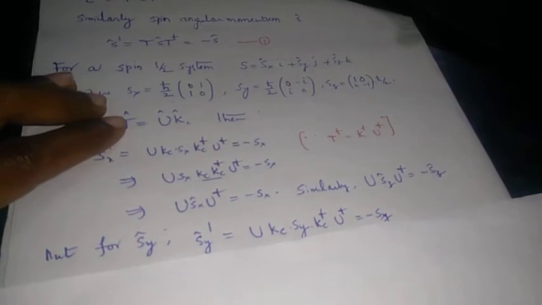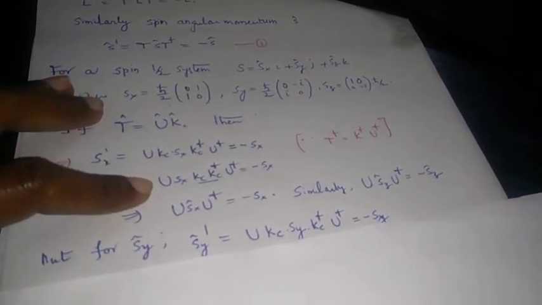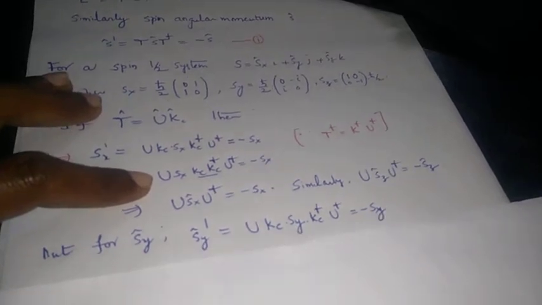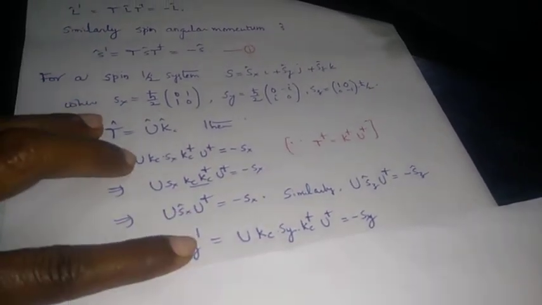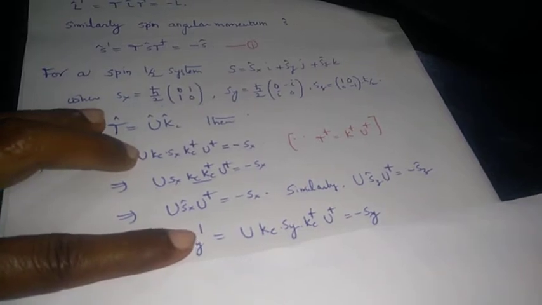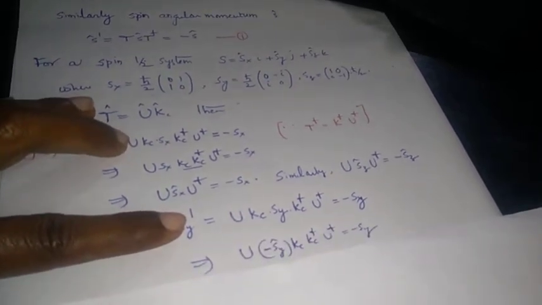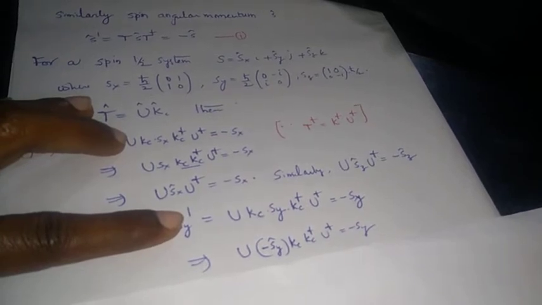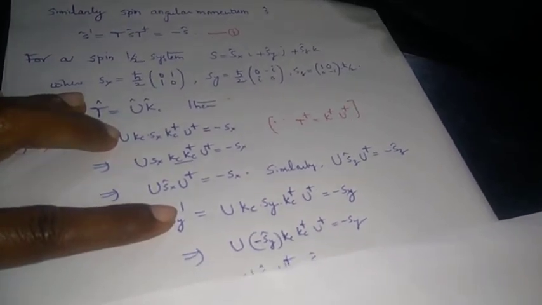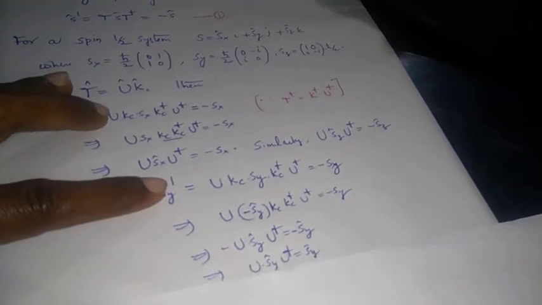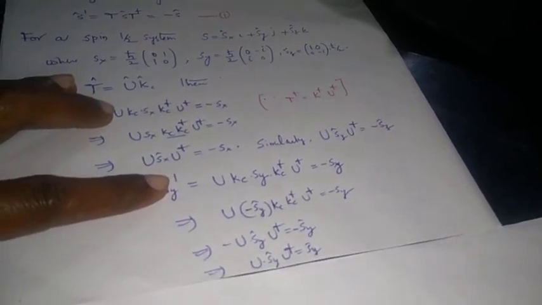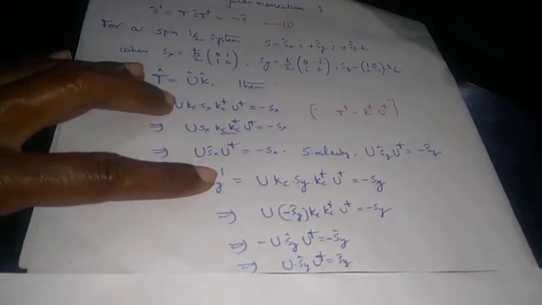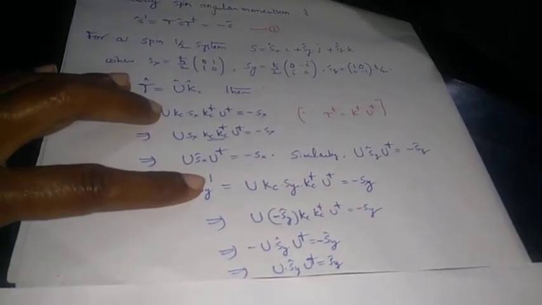But for Sy, which has complex quantities in its matrix form, when Kc acts on Sy, it will give you minus Sy Kc. So we already have a minus sign on the right hand side, so the minus signs cancel, and we get U Sy U dagger is equal to just Sy.